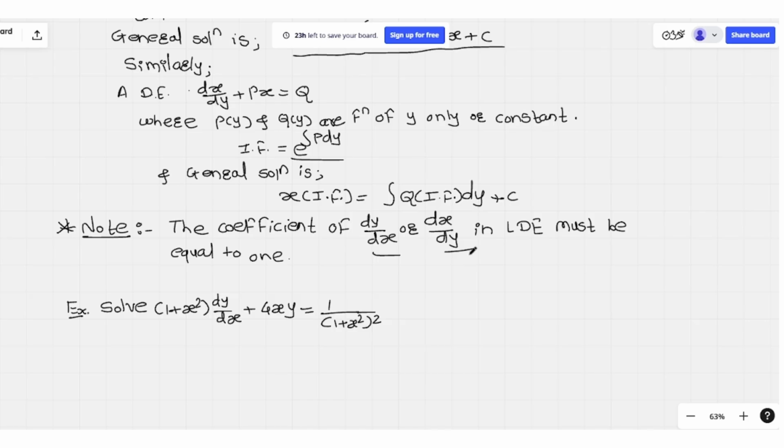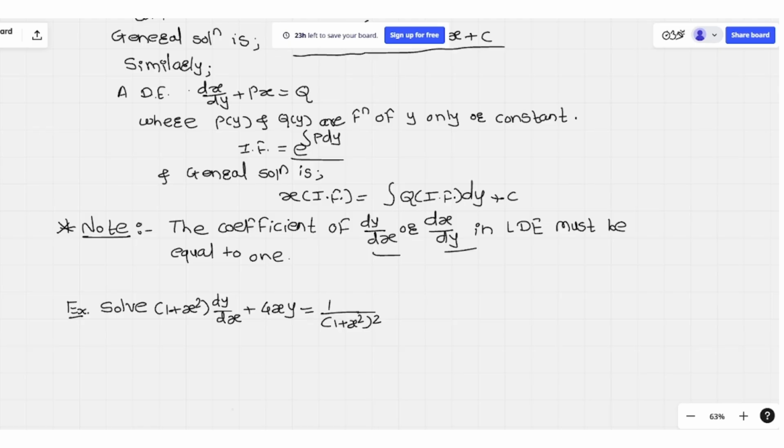Now let's discuss one example. To solve the differential equation (1 plus x square) dy by dx plus 4xy is equal to 1 upon (1 plus x square).